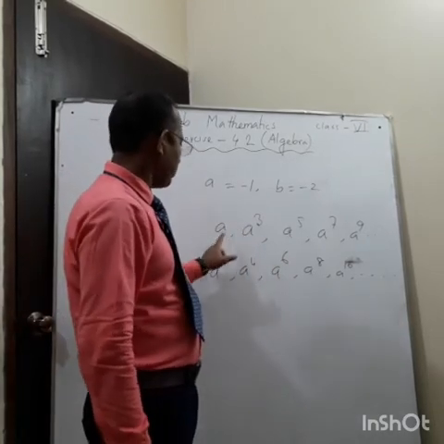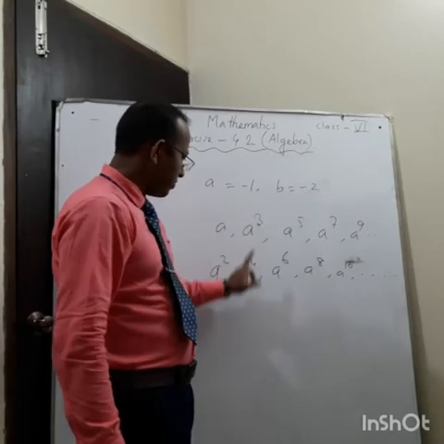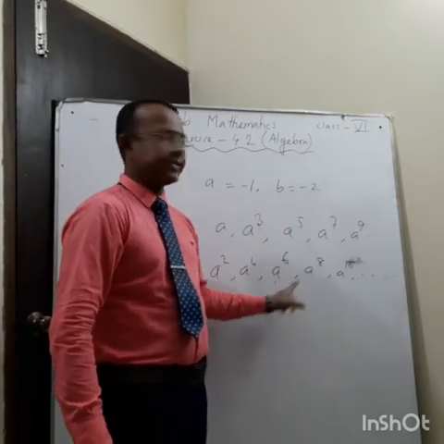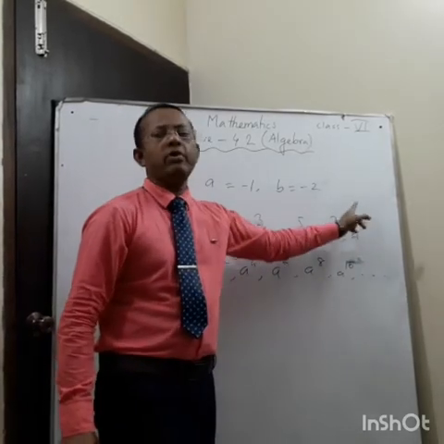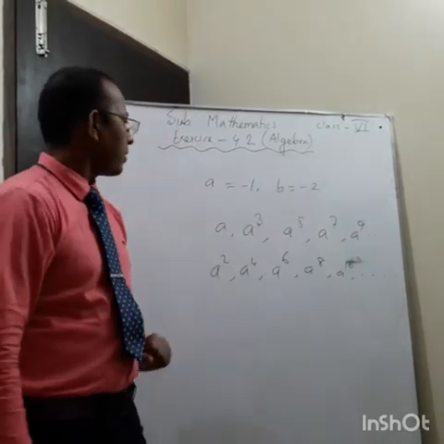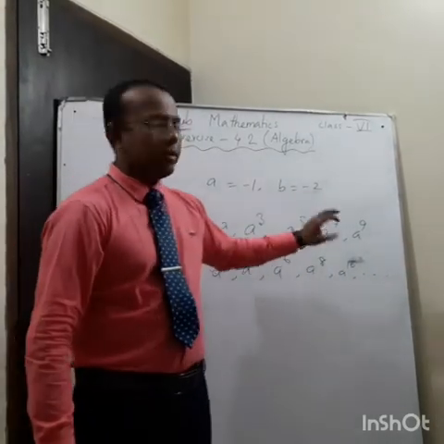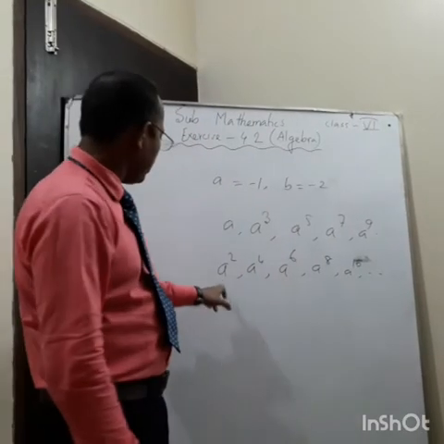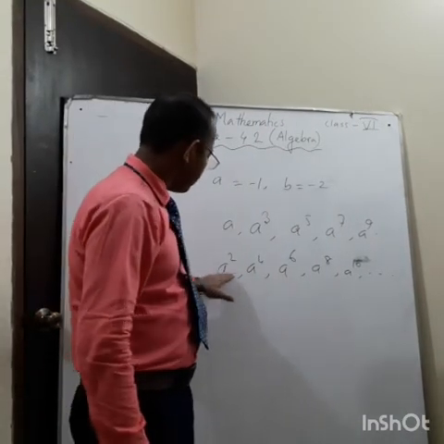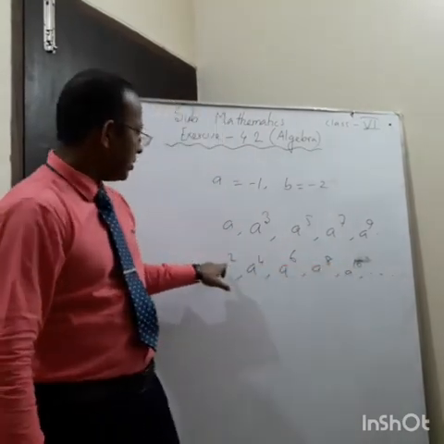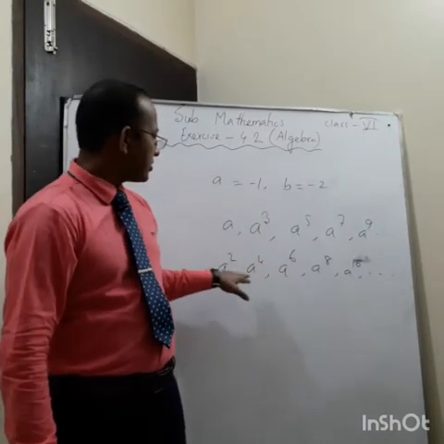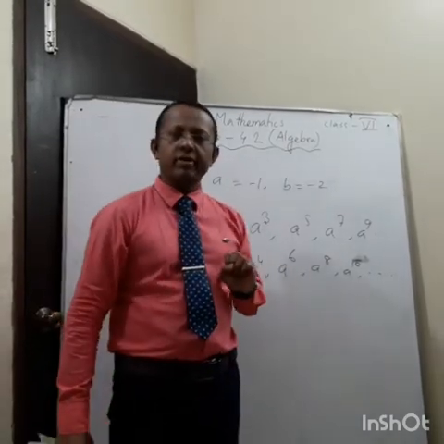A to the power 1, a to the power 2, a to the power 3, a to the power 4, up to a to the power 10, and so on. Here the powers are odd, and below you see that the power or index of a are even.